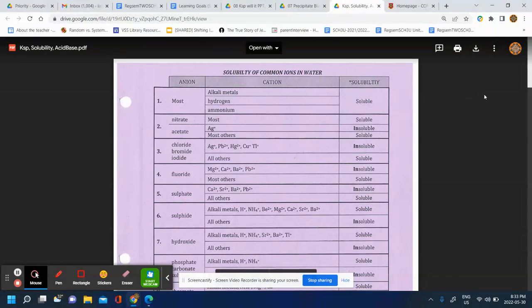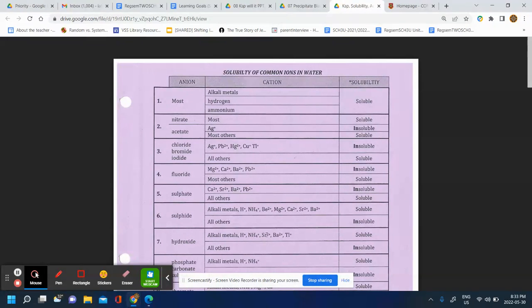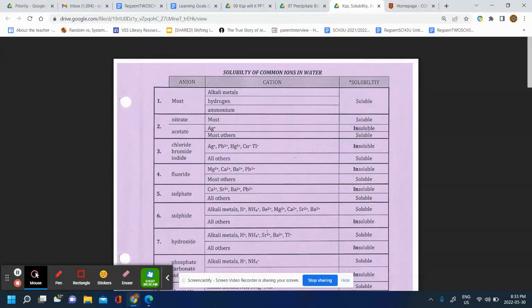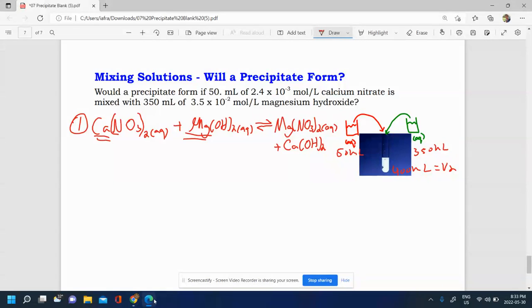Hydroxide. Let's find hydroxides. Here we go. Alkali metals, H+, NH4+, Sr2+, Ba2+, and Tl+, they're soluble. Everything else is insoluble. So calcium is not in the soluble list, it's in the insoluble list. So because calcium is in the insoluble list, that makes our calcium hydroxide insoluble. So this would be our precipitate.